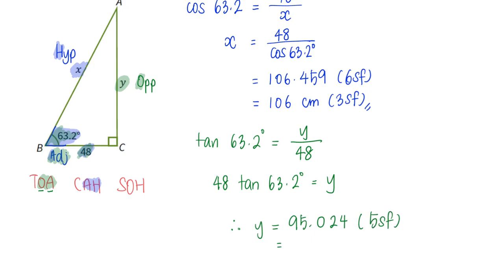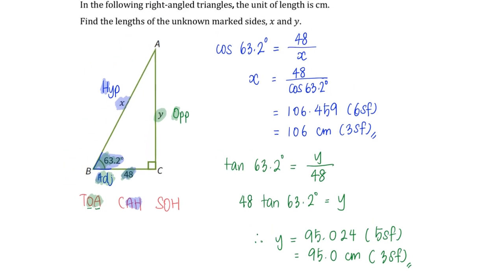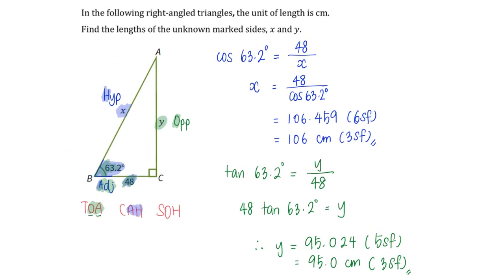I usually write 5 to 6 significant figures before I write the final answer in 3 decimal places. Alright, with that, we have come to the end of this particular question. Let's continue to other math problems.